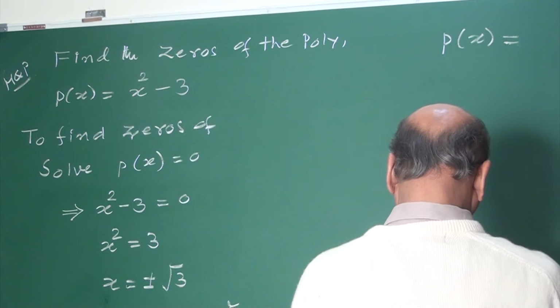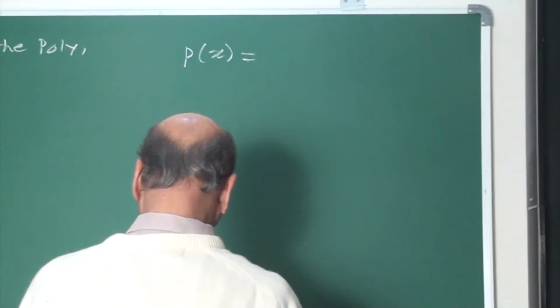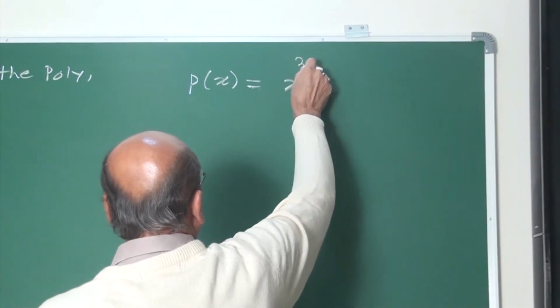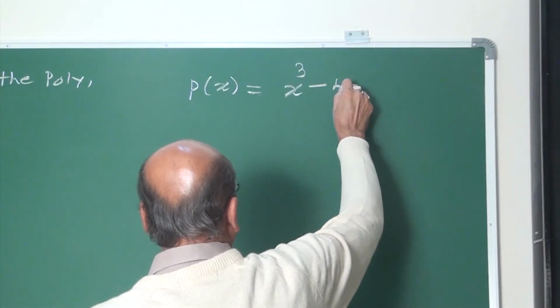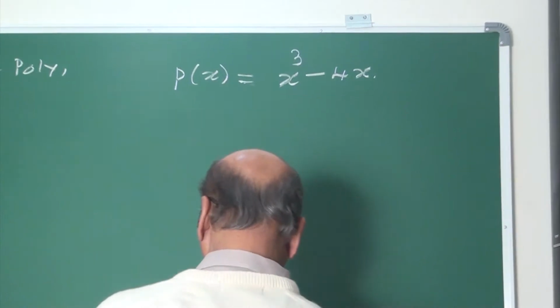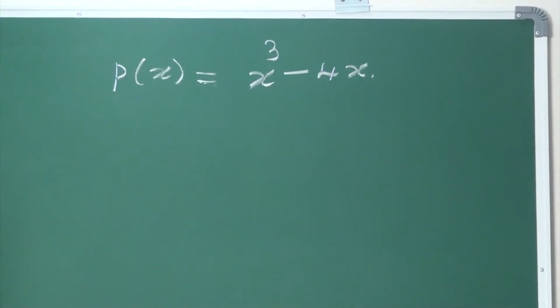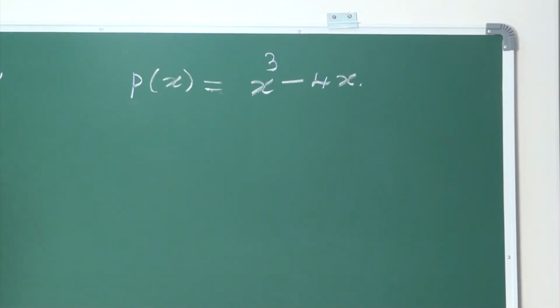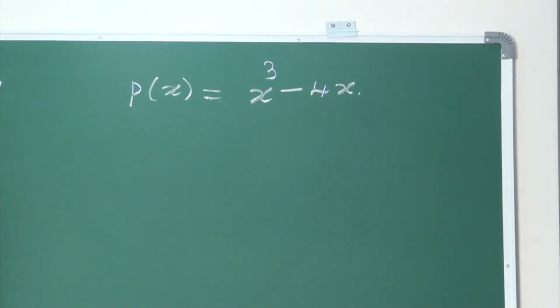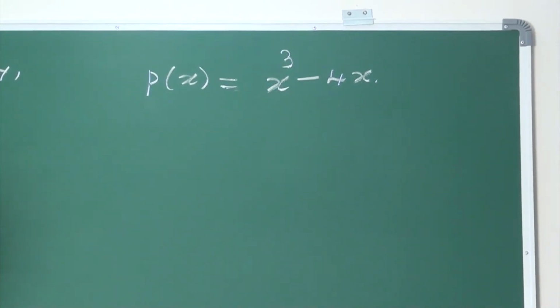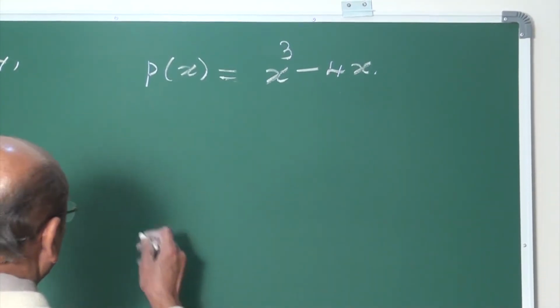Find the zeros of the polynomial p(x) equal to x cube minus 4x. What is the highest degree? 3. Then the degree of the polynomial is 3, and it is called a cubic polynomial. My friends, the method is as said.